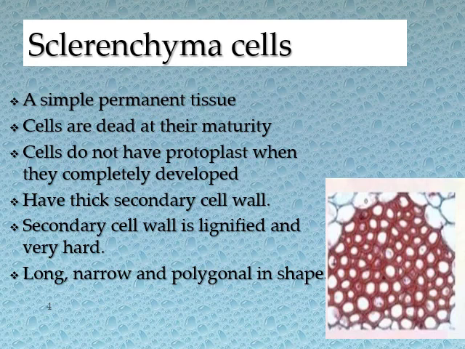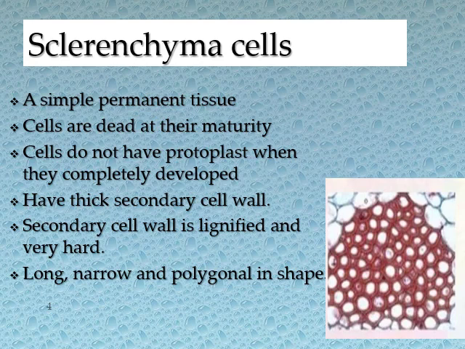These are the main strengthening tissues of the plant. These cells are found in all parts of the plant, and they are considered hard tissues that provide mechanical support. They are long, narrow, thick-walled lignified cells, and they do not contain living protoplasm.